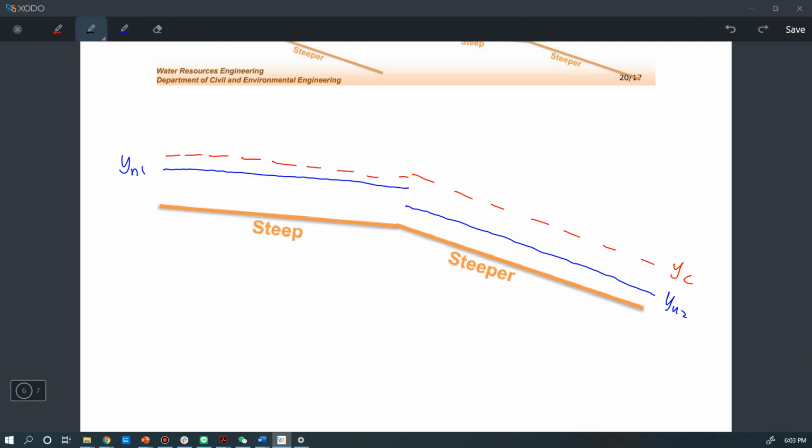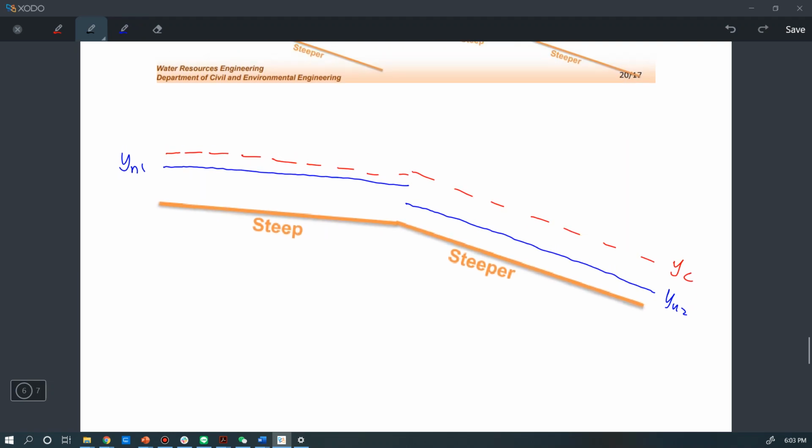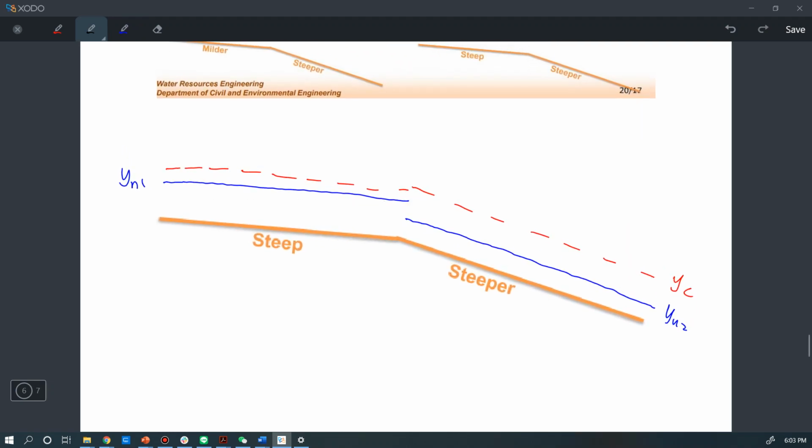And we want to see how the water profile in this transition area looks like. Let me erase these parts first. So again, this is a supercritical flow, so all the transition happens after this transition point, which is this vertical black line.